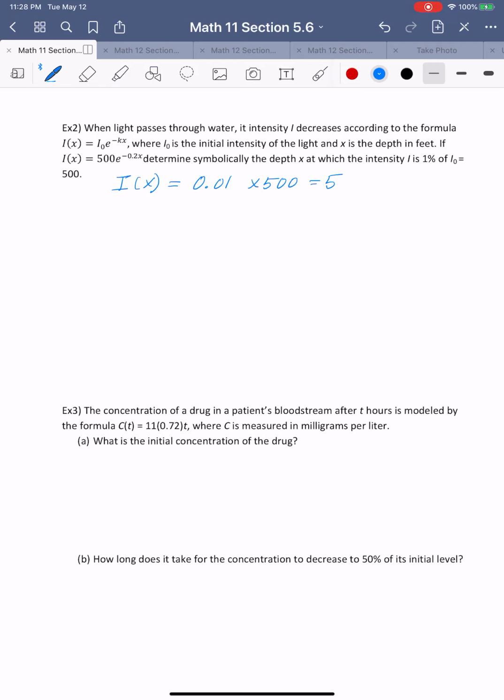I of x as a formula is 500, the initial intensity, times e to the negative 0.2x. So I of x is 5, and 5 equals 500 e to the negative 0.2x, and we are solving for x. Divide by 500 on both sides to get 0.01 equals e to the negative 0.2x, then take the ln of both sides.